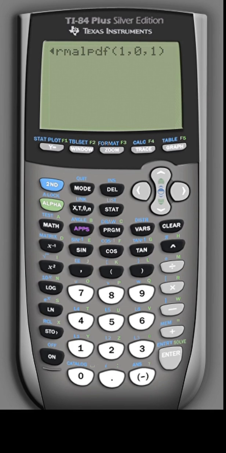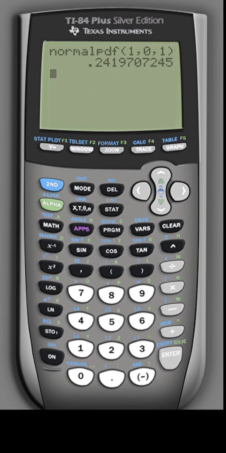So it goes in the order of the value that you want, mu, and then the standard deviation. The comma is located right above 7, so you would have to physically place the comma if you have a TI-83. Once you are done, you would put a parenthesis and hit enter.